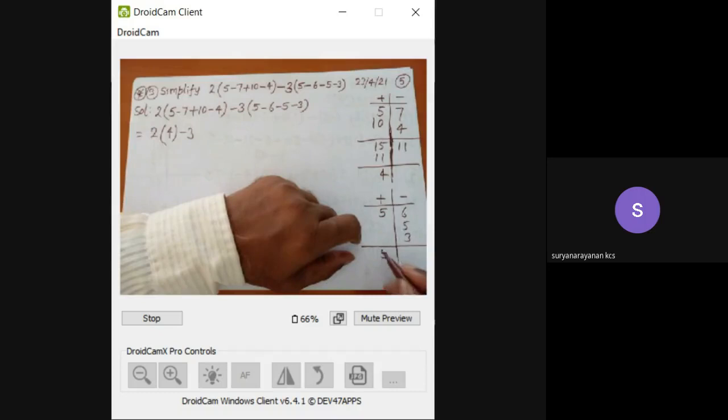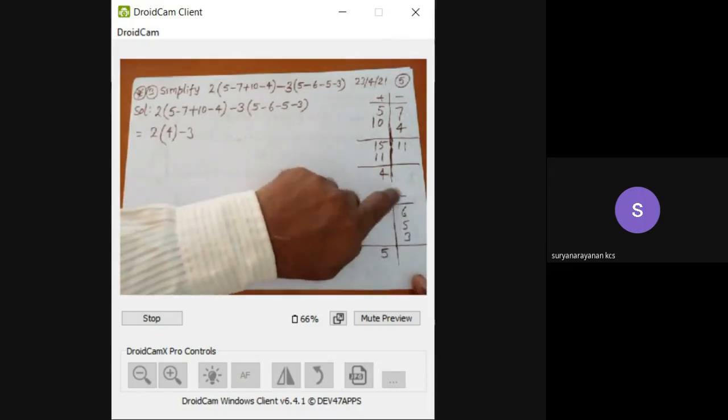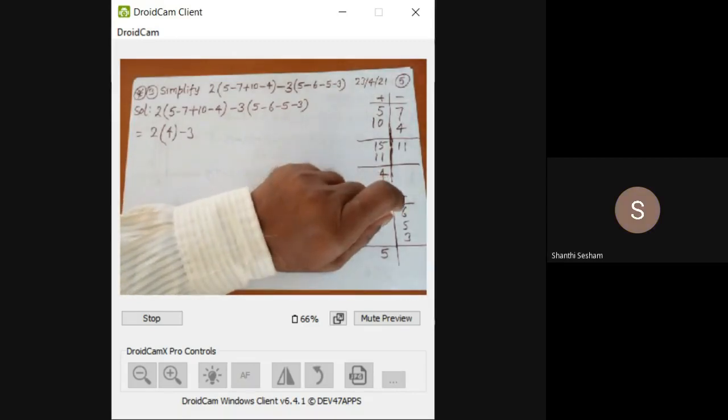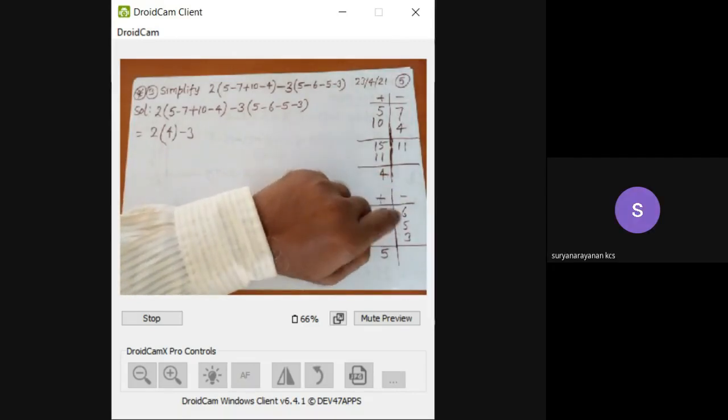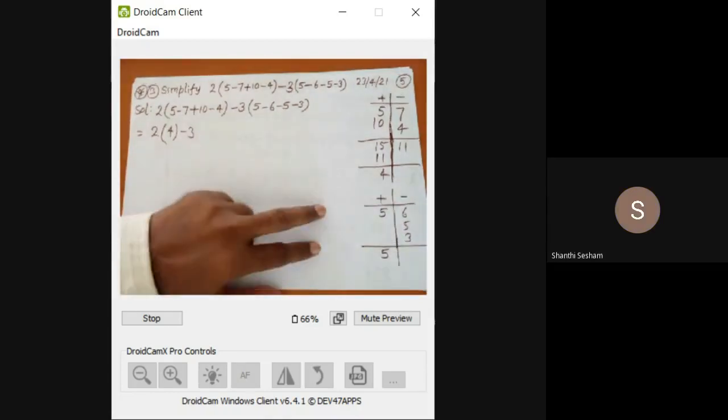We write that number as it is. Under this minus box, how many numbers are there? 3, sir. Then what should we do? Add the 3 numbers and tell me the answer. 14, sir.